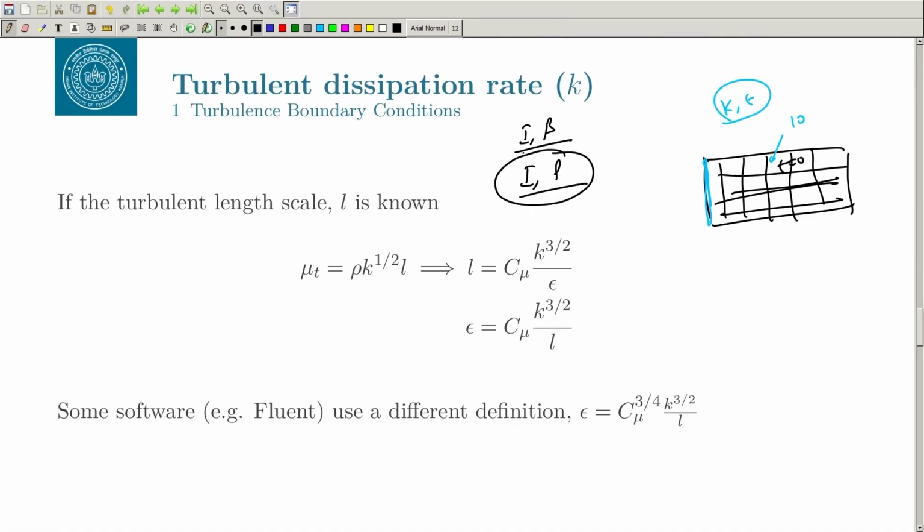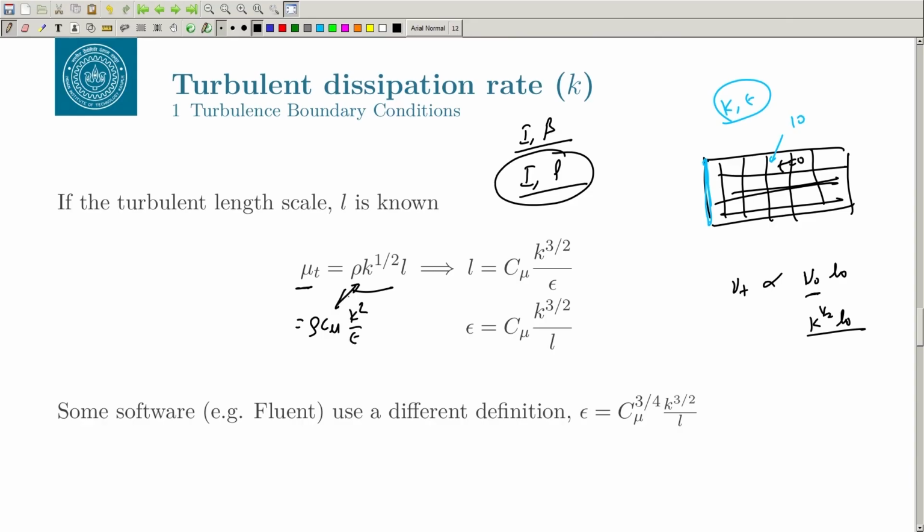Go back to our argument that the viscosity is basically proportional to the velocity scale and the length scale. This is nothing but k to the power half, there is no doubt about that, and this is the length. Okay. So, you can compare this with the relation that we had, which is basically mu t equal to rho c mu k square by epsilon, right.